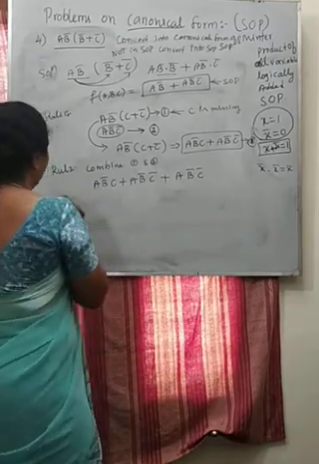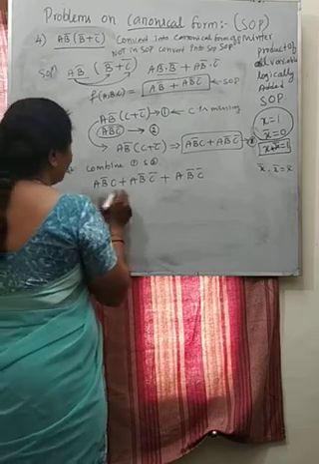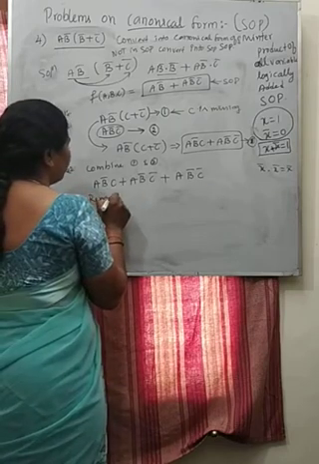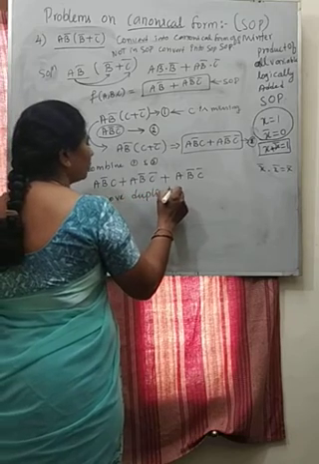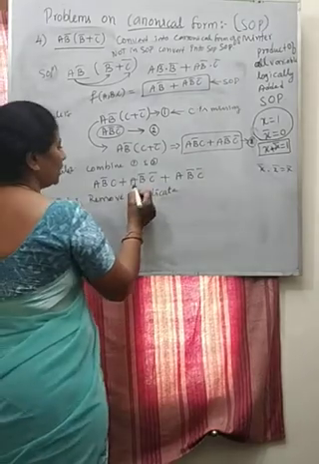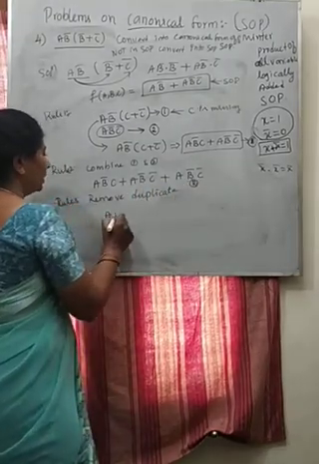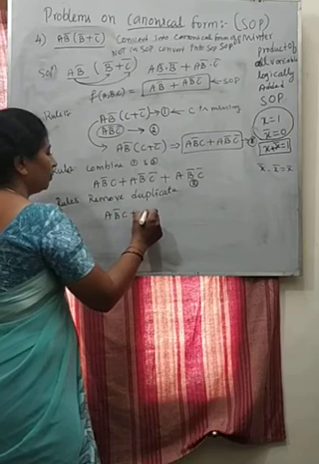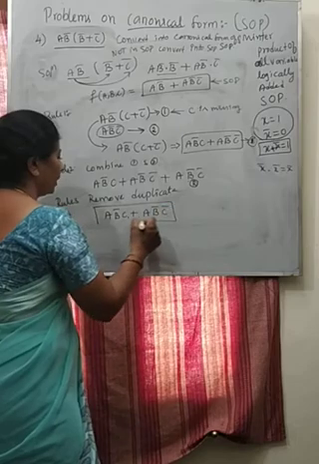Check, are there any repeated terms? Yes. Then remove the duplicate. If a duplicate is there, only then you need to remove it, otherwise no need. See, these two are repeated, so write only once. AB complement C plus AB complement C complement. This is your canonical form.